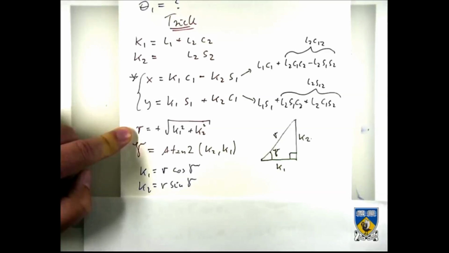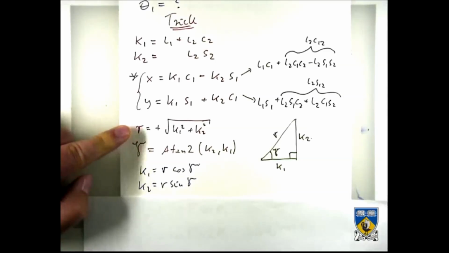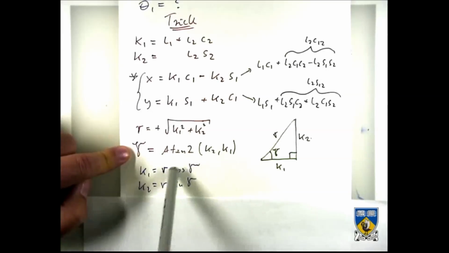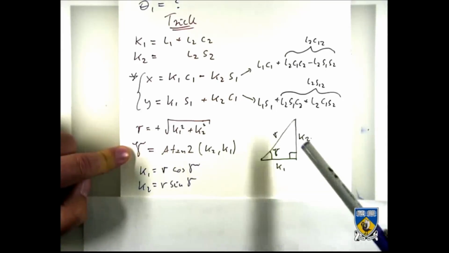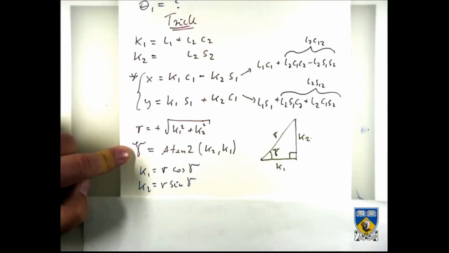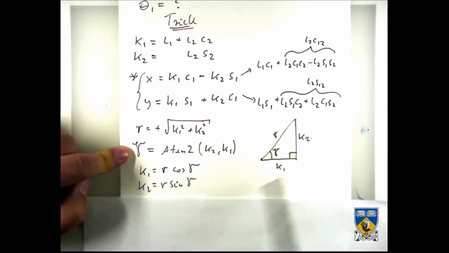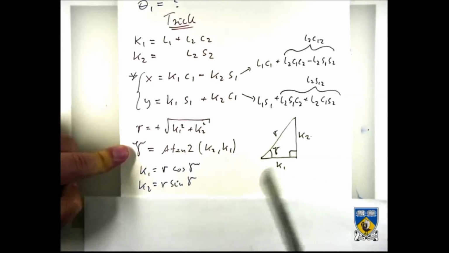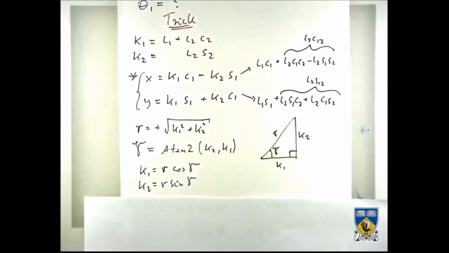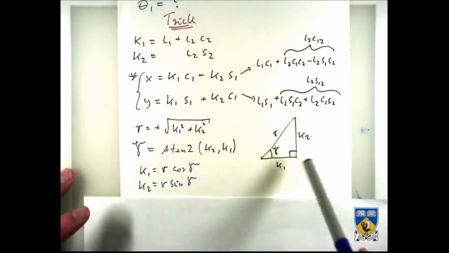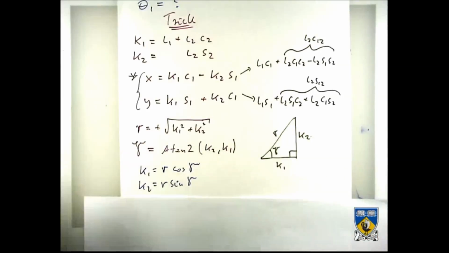It's some old Greek theorem, right? And tangent of gamma is K2 divided by K1. So the angle gamma is atan2 of K2, K1, right? So this is the triangle. And of course, the blue things for the triangle, obviously K1 is R cosine gamma and K2 is R sine gamma.